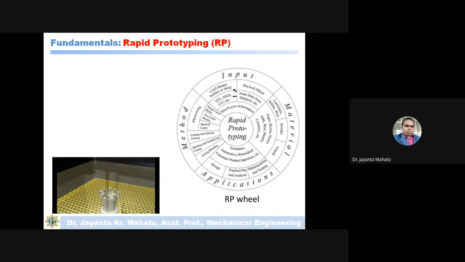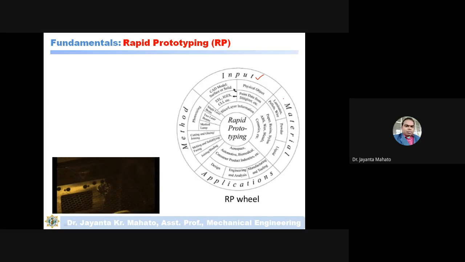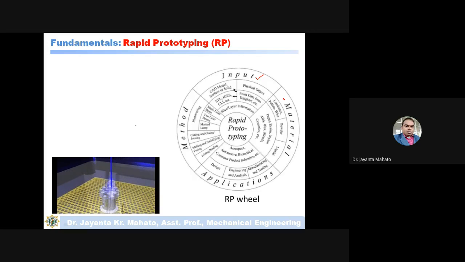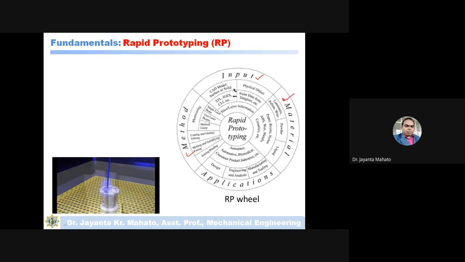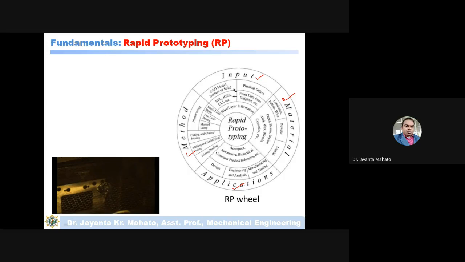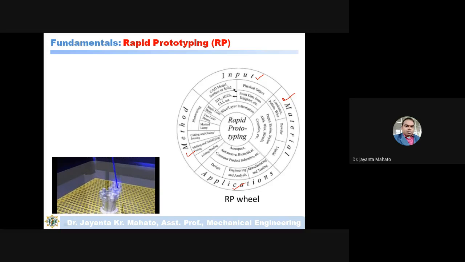So just remember that rapid prototyping involves mainly four parameters. One is input, then methods, materials, and applications. Means what are the applications of rapid prototyping? Rapid prototyping has very vast applications.